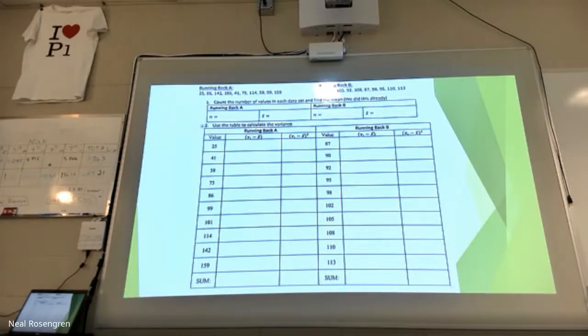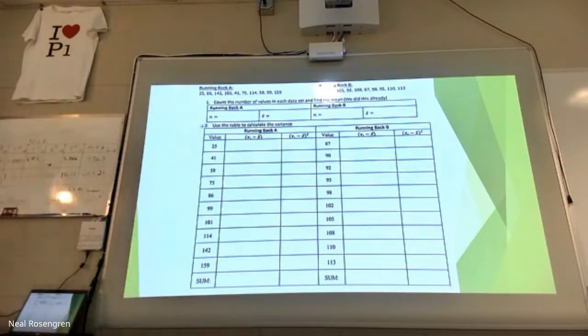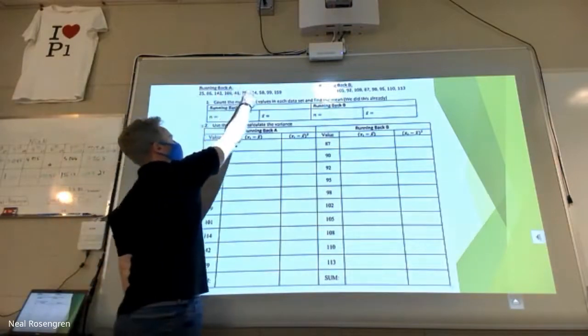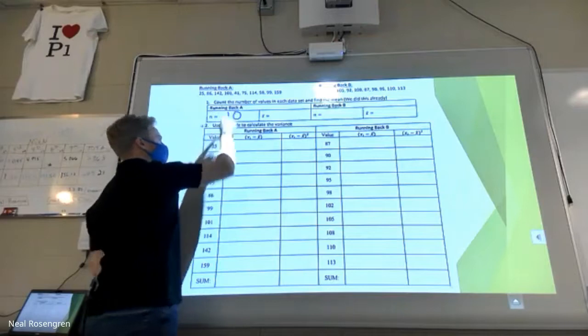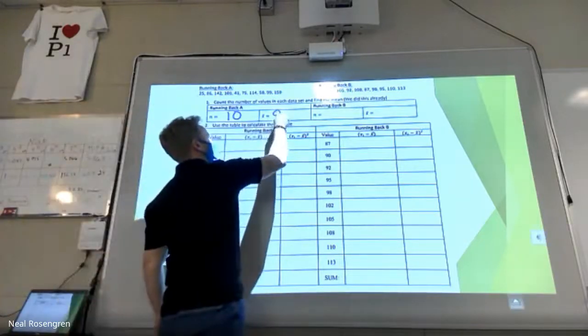So number one, count the number of values in each data set. I think it was 10, right? 1, 2, 3, 4, 5, 6, 7, 8, 9, 10. And N is 10. That's just how many there are. What was the average for that first one? 92 and a half. 92.5.